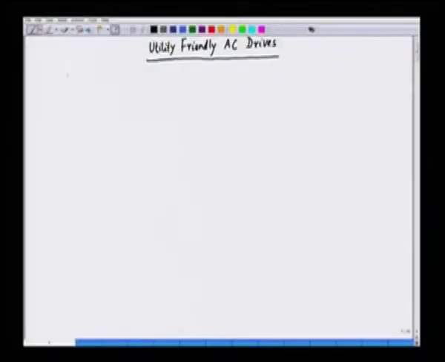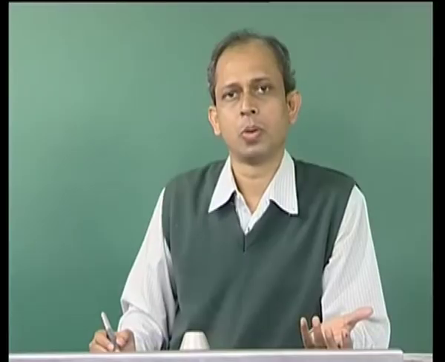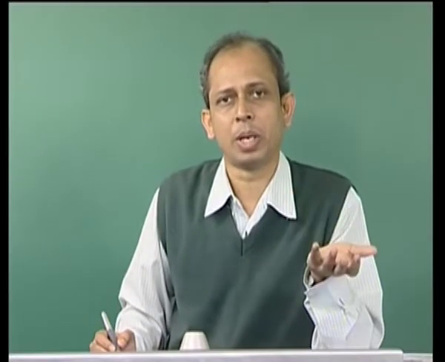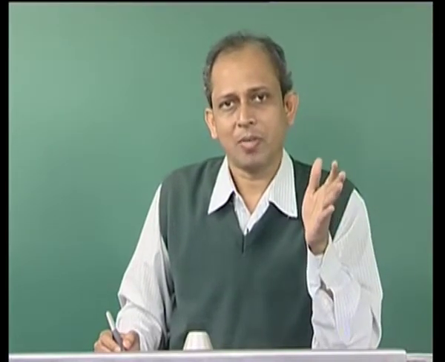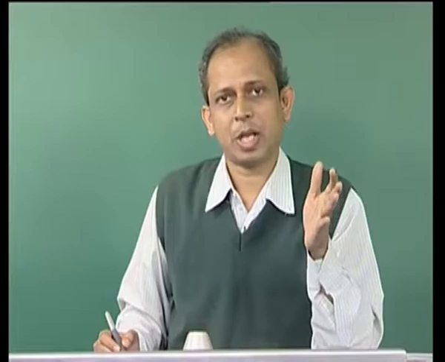So, conventional AC motor drive. What are the various possibilities we have when we talk about the conventional AC motor drives? We want to have a variable voltage and a variable frequency output, and the available power supply is an AC voltage.